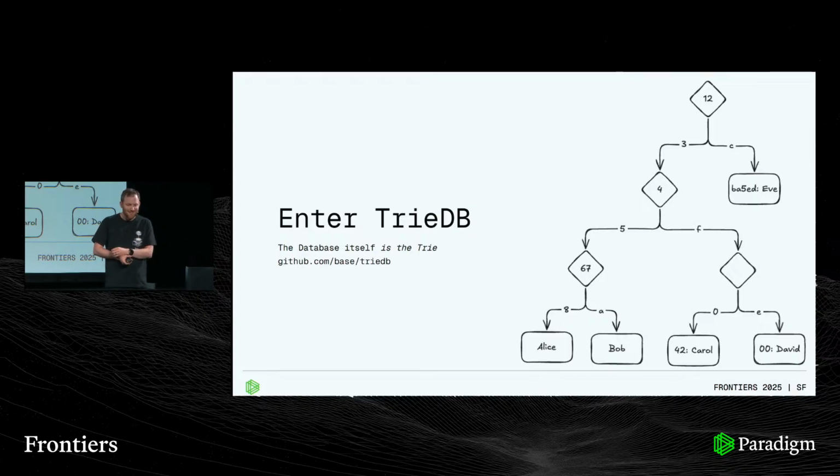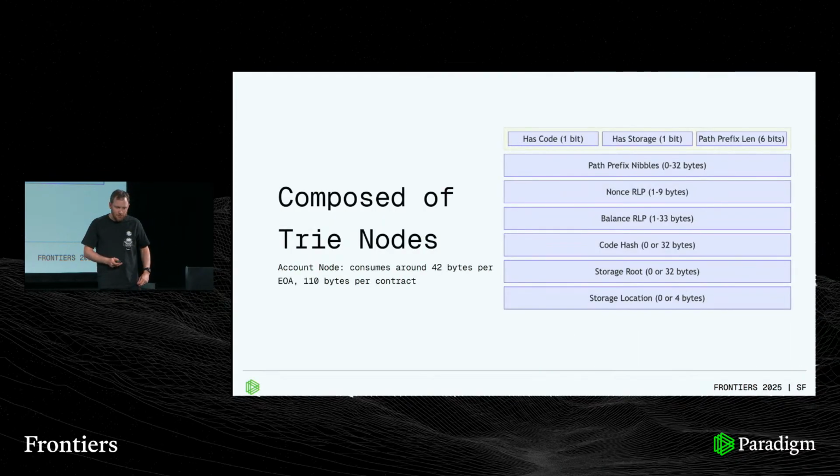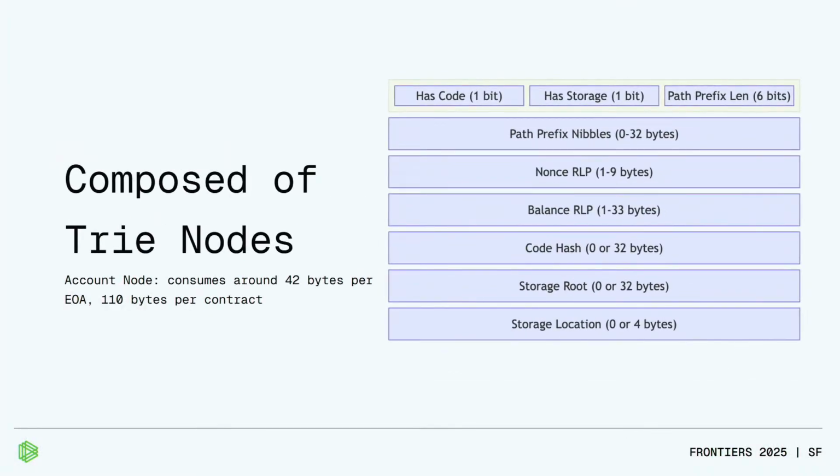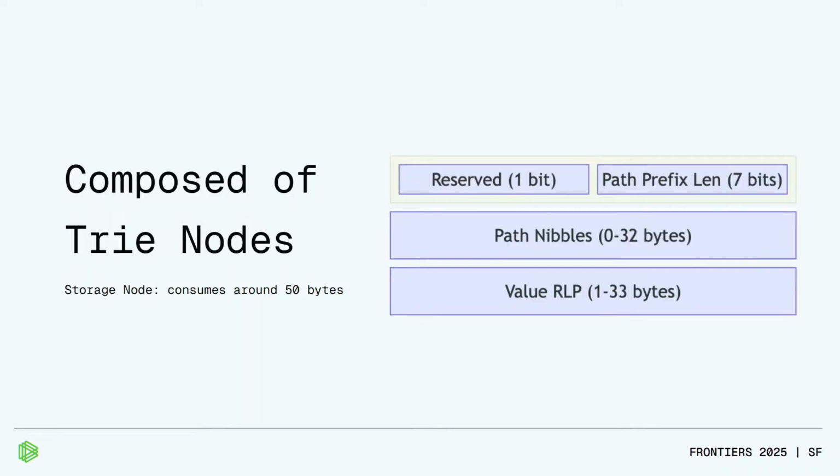Really the novel thing is that the database itself is Trie structured, instead of being a log structured merge tree or a B tree. It's not really how people typically build databases, but it's relevant here for Ethereum. So it's built out of Trie nodes, right? You have your account nodes, which are kind of leaves, but also sometimes they're roots of other trees.